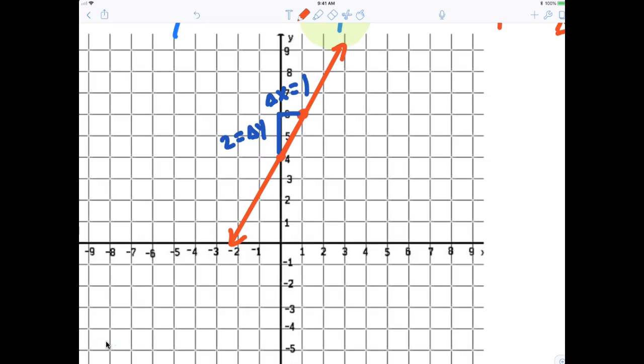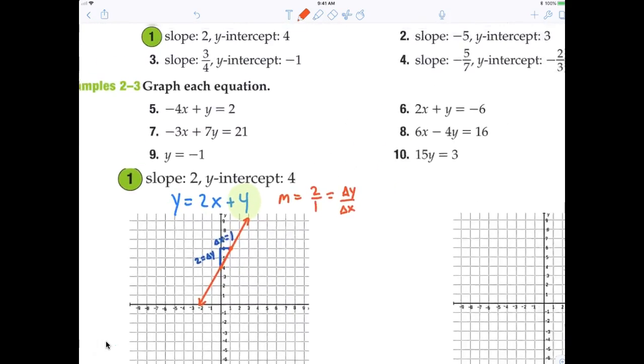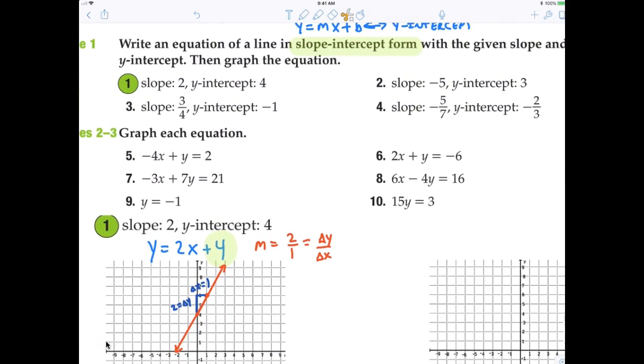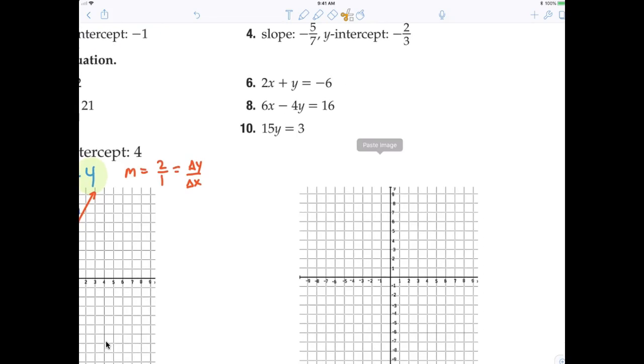All right. That was number what? Number 1. Here we go on number 3. We're going to highlight number 3 again. I'm going to copy it right over here. And then, I want some brave soul to tell me what the equation is.